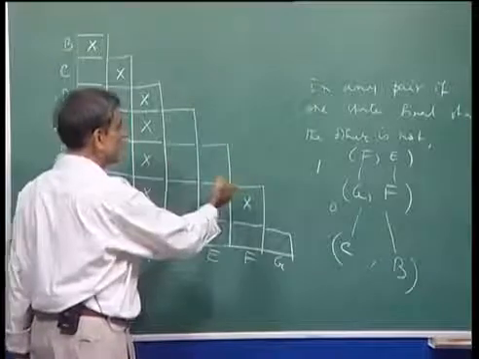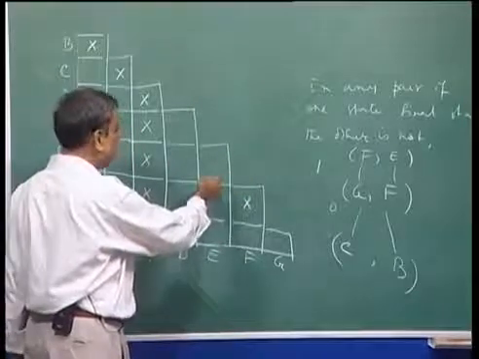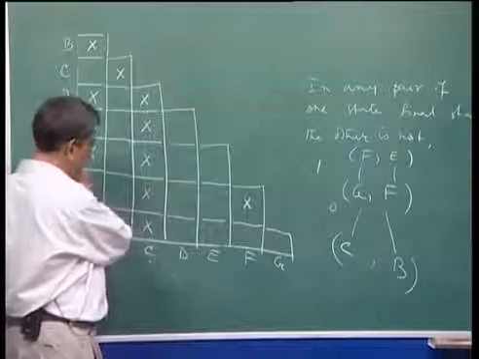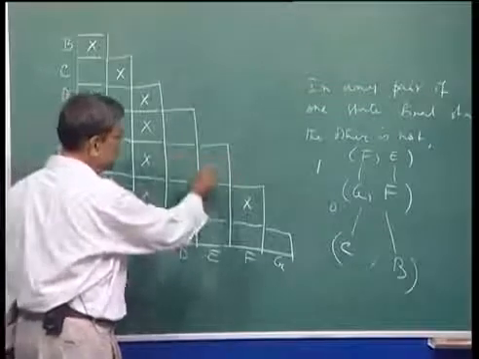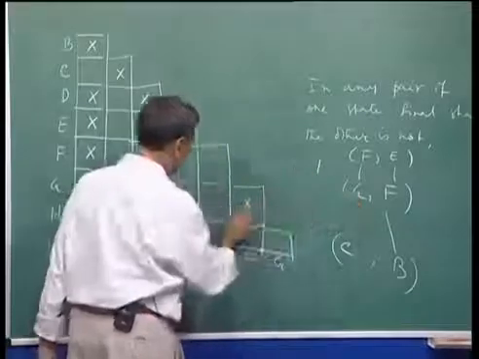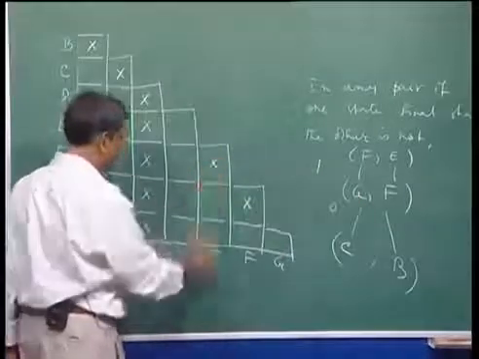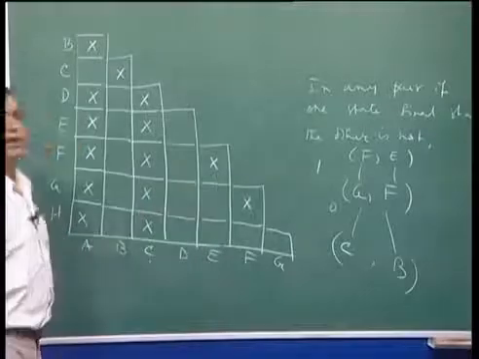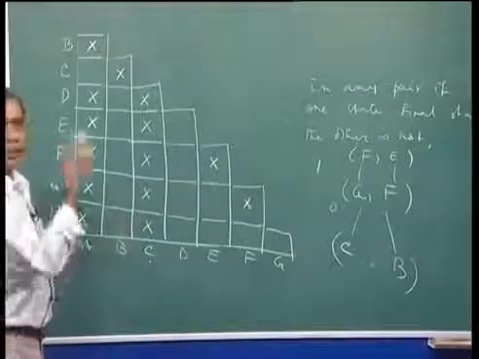In the next iteration when we considered F and E, on the symbol 1, I see this is the pair, and there is already a mark. So, F and E will get a cross here, and so on.